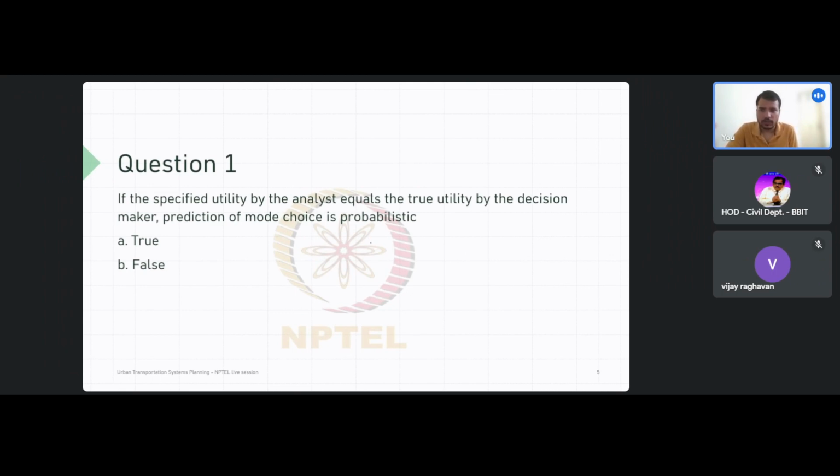As we know, if U is the utility function, we can define it as V plus e. U will be the true utility function, and V will be the utility function given by the analyst. Depending upon what parameters he has chosen, he will have his own utility function, and e will be the error term.